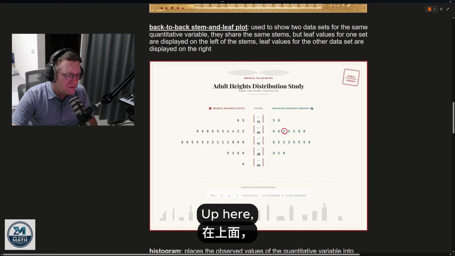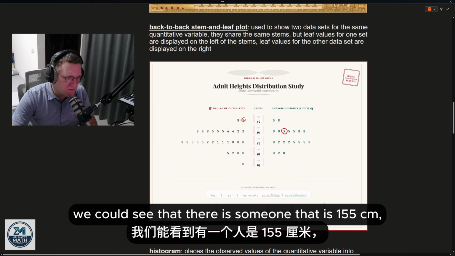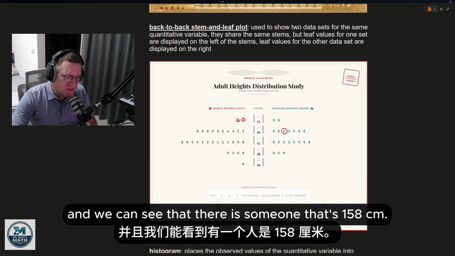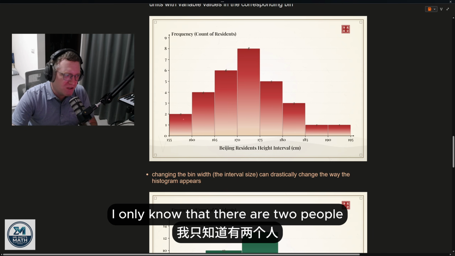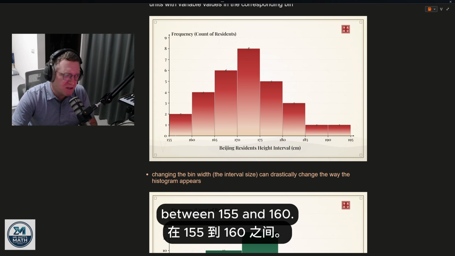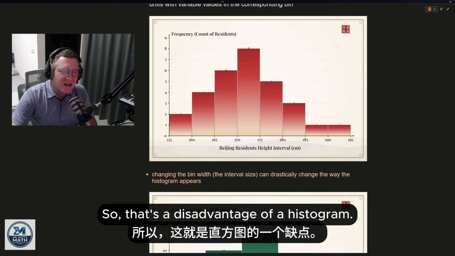Up here, we could see that there is someone that is 155 centimeters, and we can see that there is someone that's 158 centimeters. But down here, I don't know the individual values. I only know that there are 2 people between 155 and 160. Okay? So that's a disadvantage of a histogram.